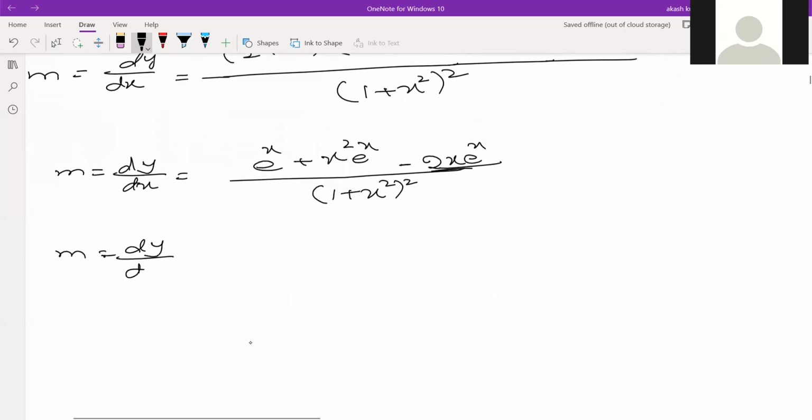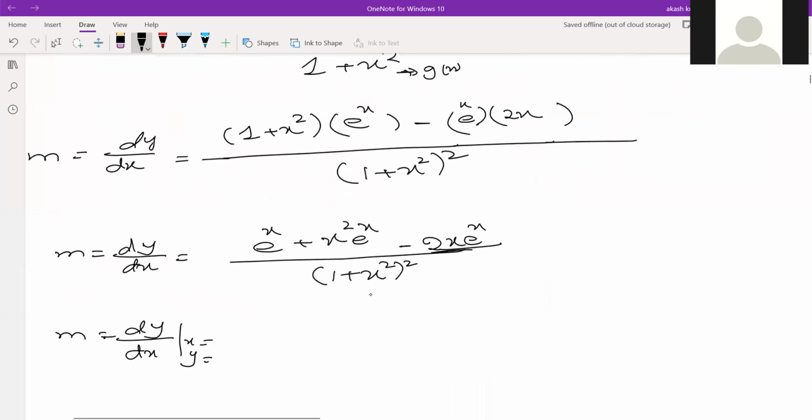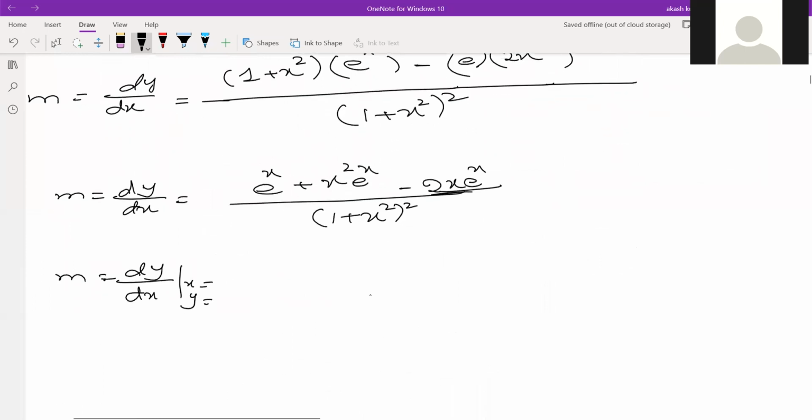M equals dy by dx, and we have to find the slope at only that point. So x equals 1 and y equals half e. We will be putting 1 instead of x.